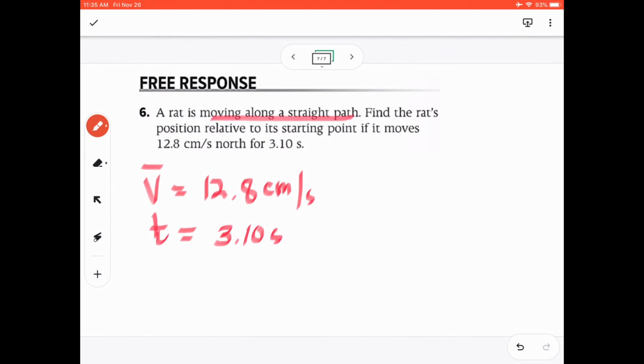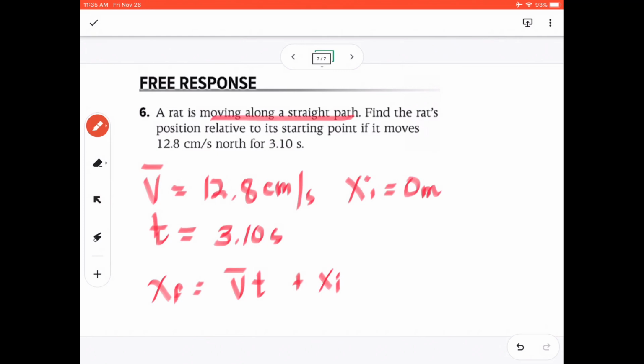Since the question says it's moving along a straight path, we use the linear equation for motion: xf is equal to average velocity times time plus xi. What is xi in this case? We will denote it as 0 meters, assuming that it started from the origin.